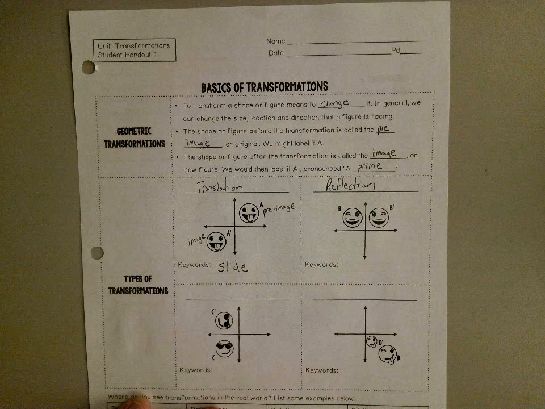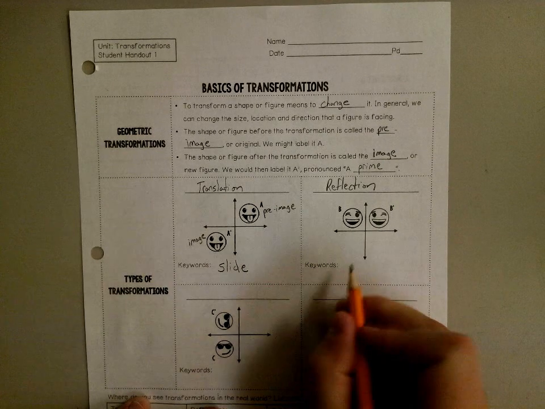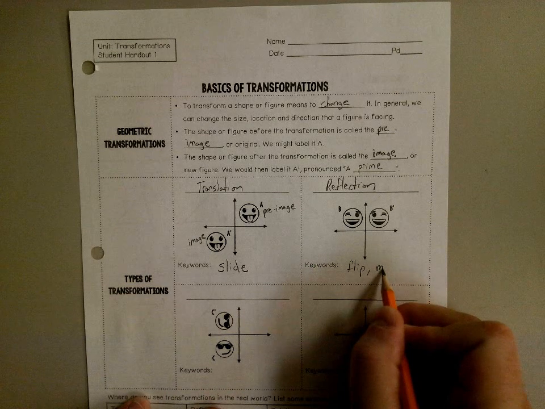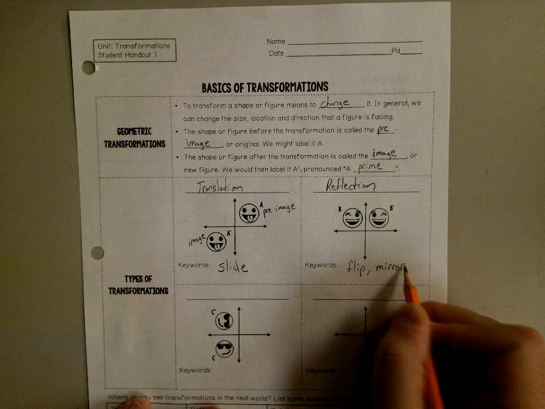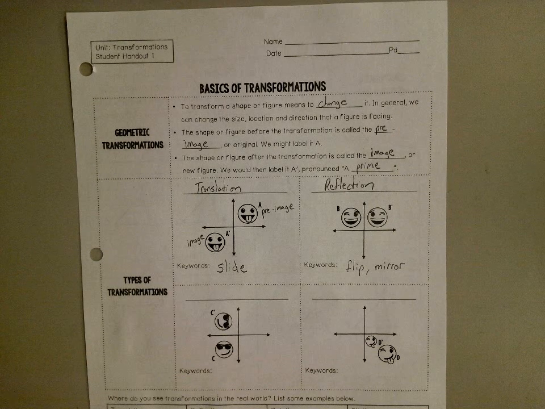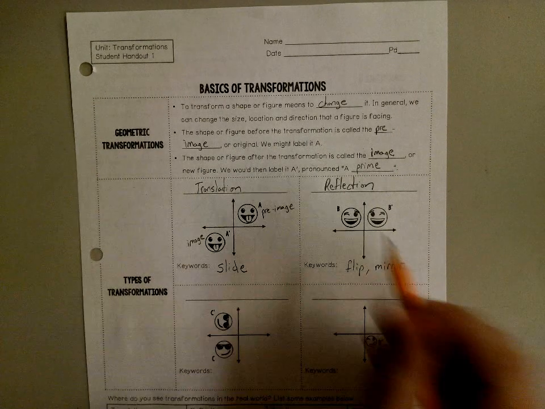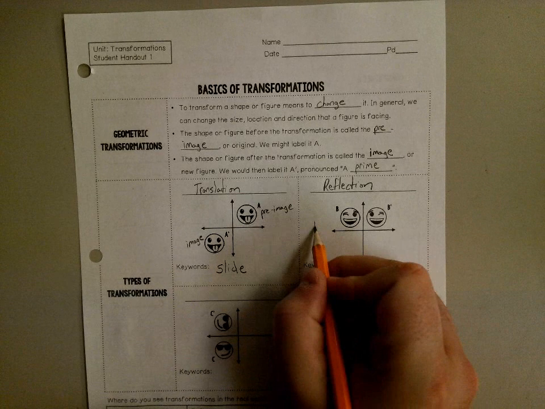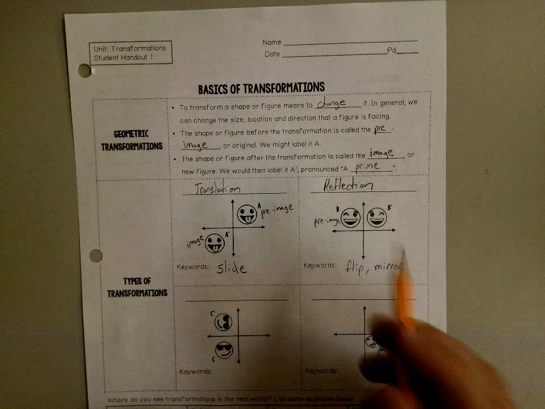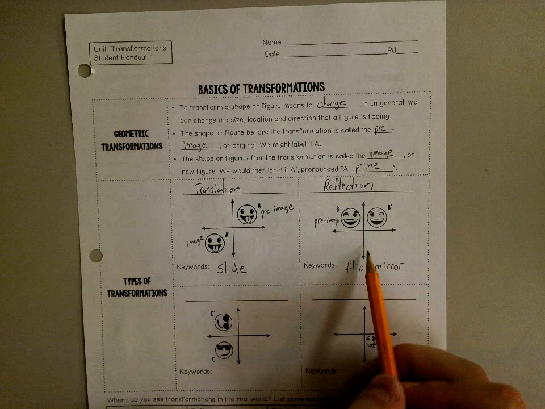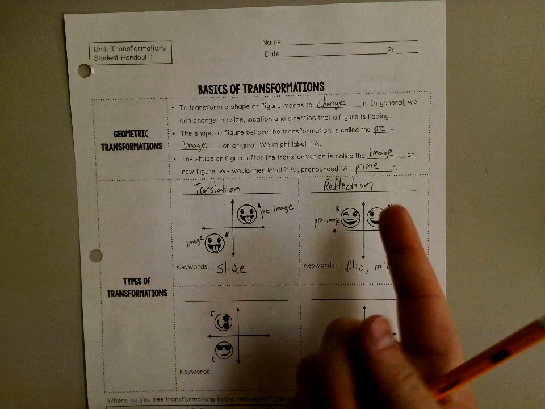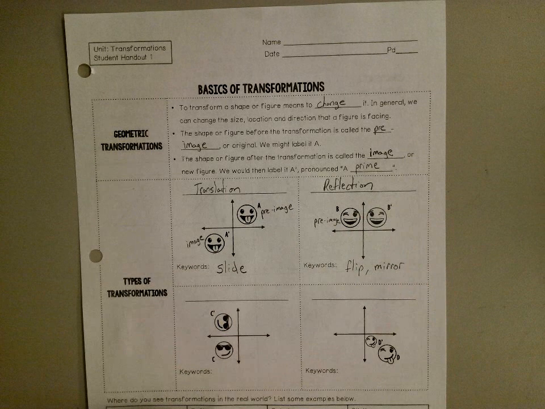The next one we're going to talk about is reflection. For reflections, the key word we use is flip, or sometimes we say it's a mirror image. You can imagine our pre-image here on the left side, called B, being flipped over this axis onto the other side.